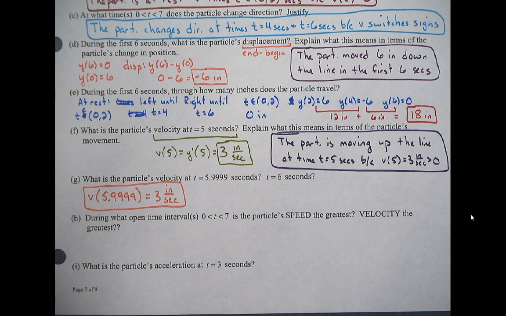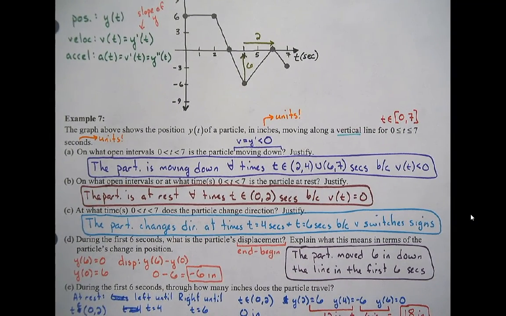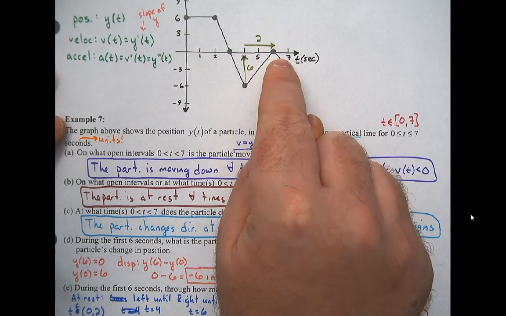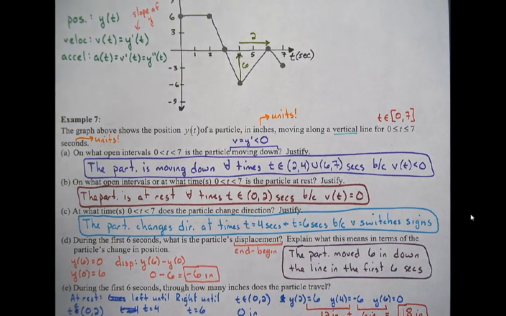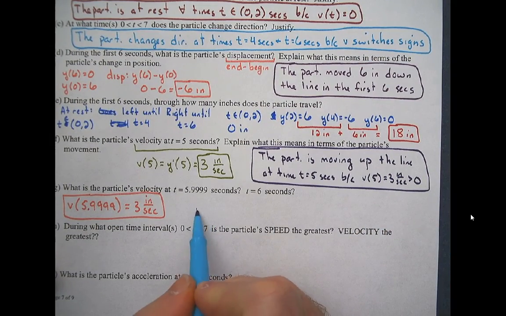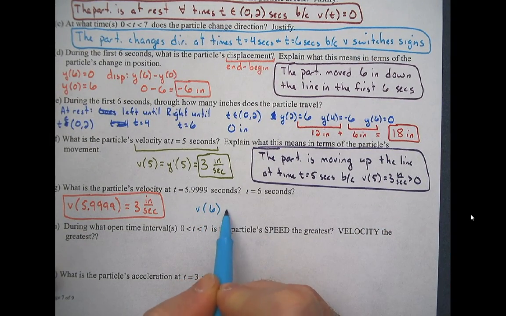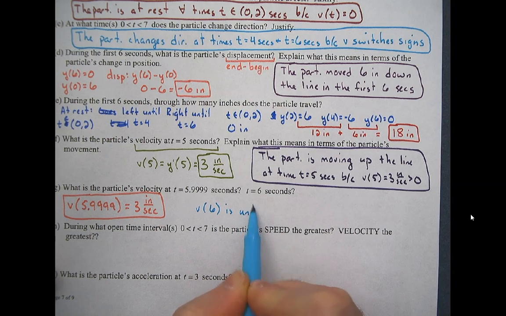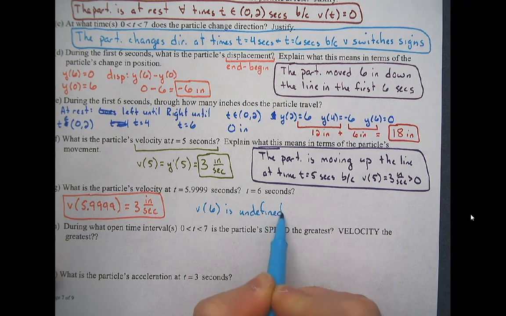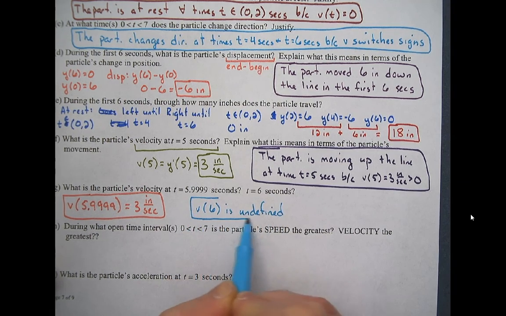What is the velocity at 6 seconds? Now that becomes a little bit more fun, because if I look at what's happening at 6, can you calculate the slope specifically at 6? No, we can't, because what do we have there? We have a sharp turn. So we would say that the velocity at 6 is undefined. Or you could say does not exist, I guess.